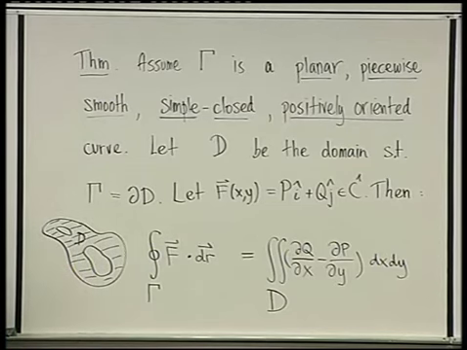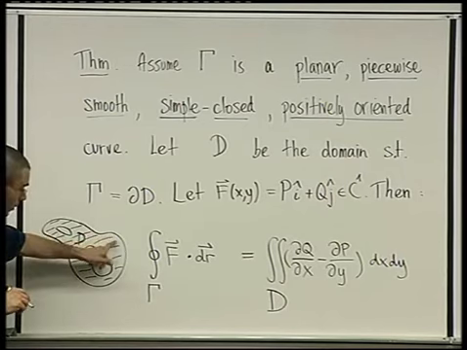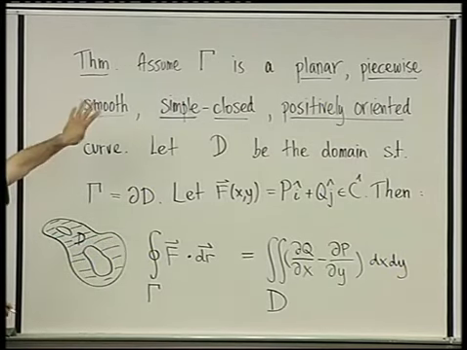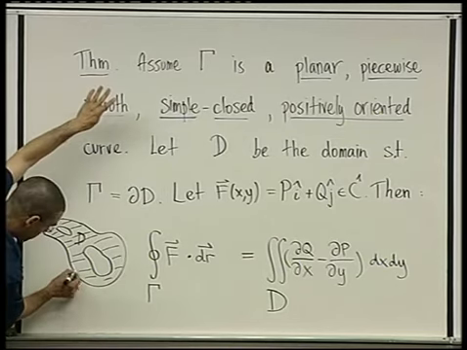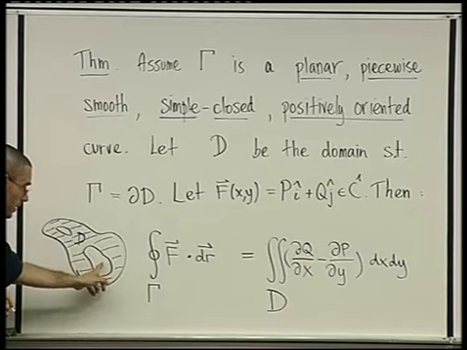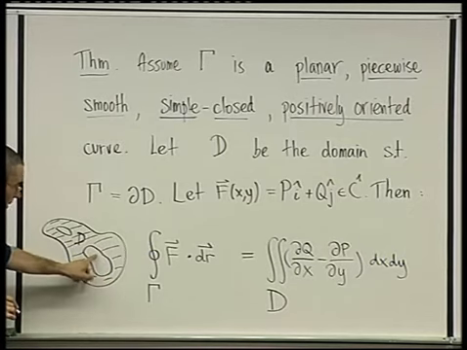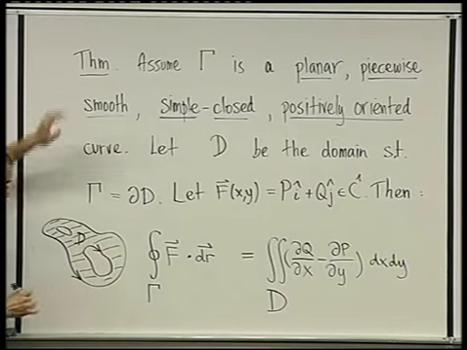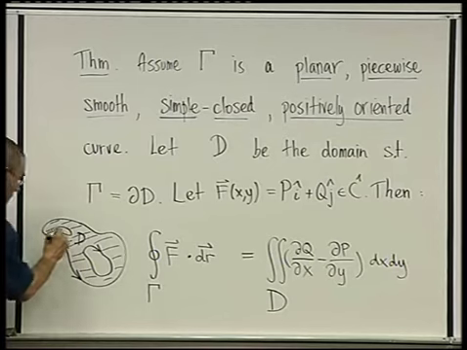Now what would be the orientation? On the outer one, in order for my left hand to point in the direction of the domain, I would have to go in this direction. But on the inner ones, if I want my left hand to point in the direction of the domain, I would have to go in this direction, clockwise. Do you agree? And likewise here.